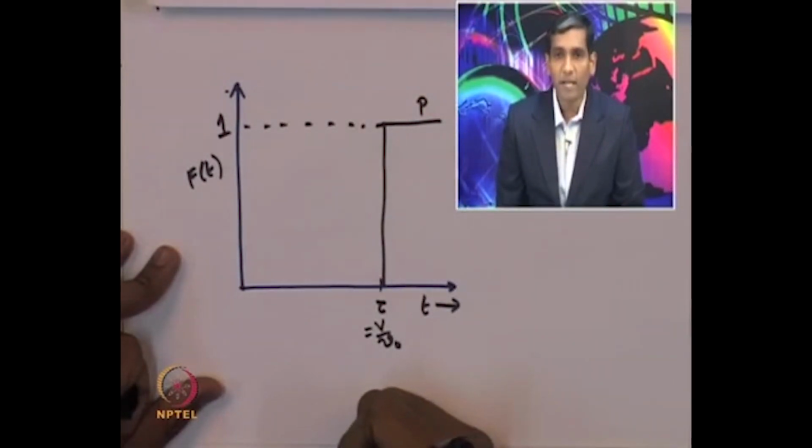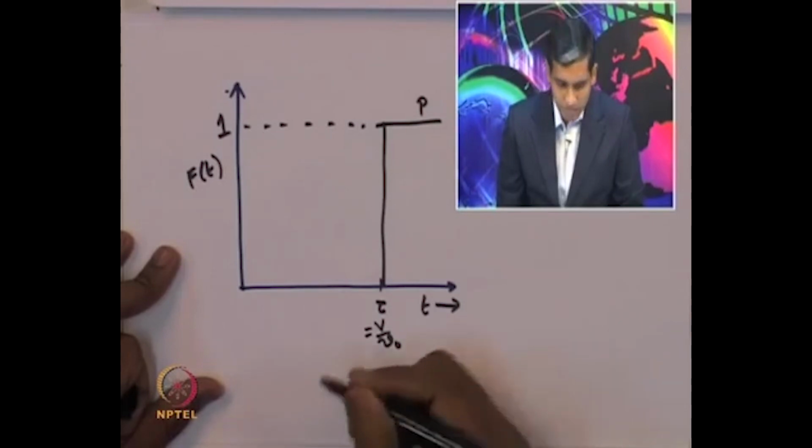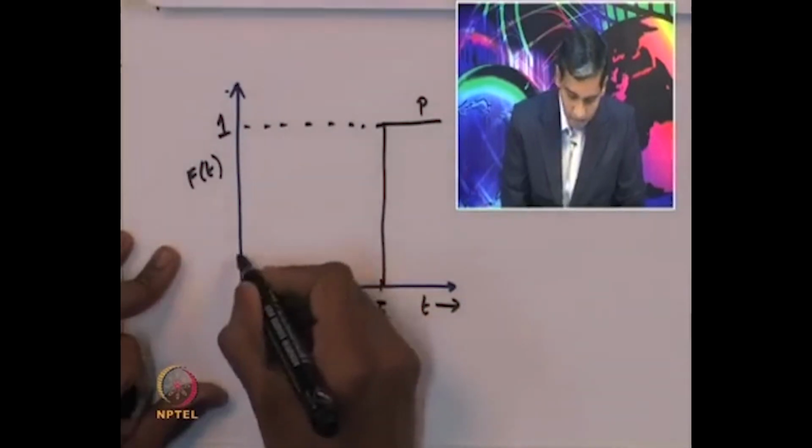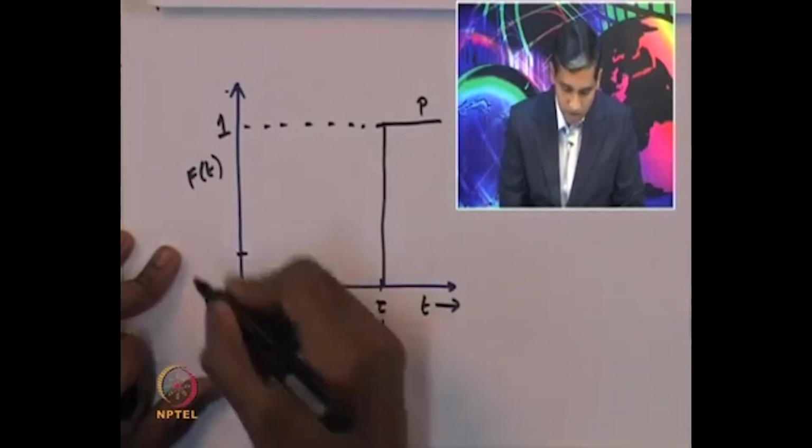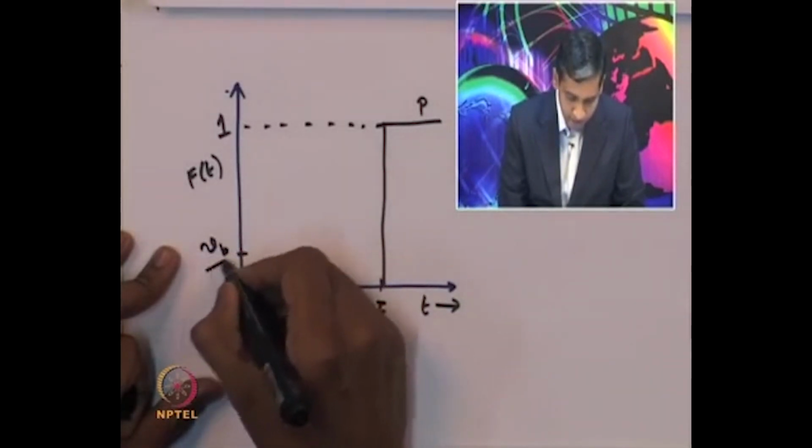Now, suppose there is a bypass in the reactor, then there will be a jump in the f curve. The jump will start at V b by V naught.